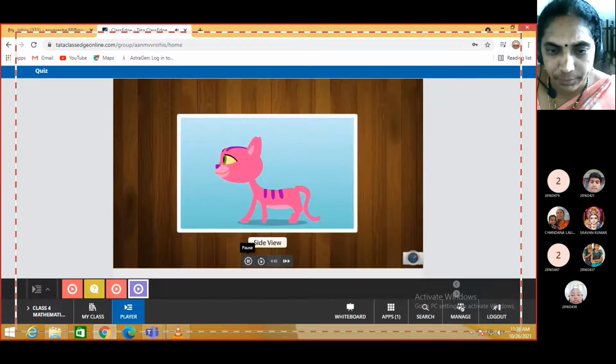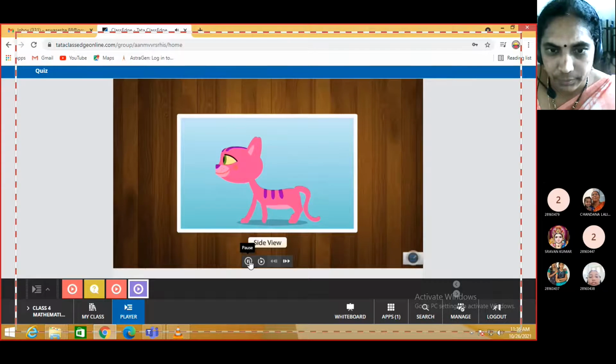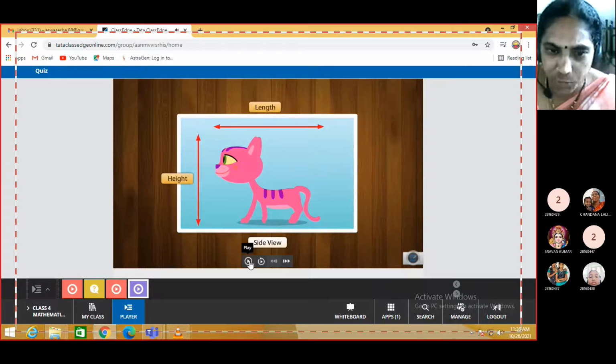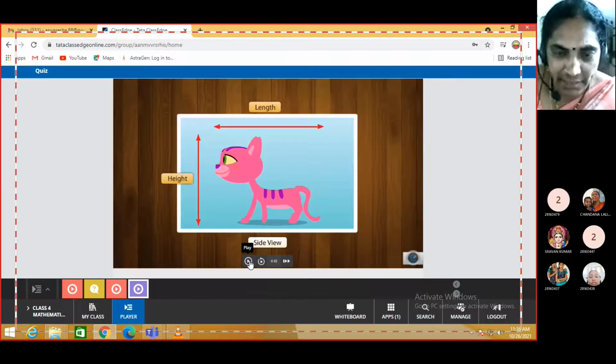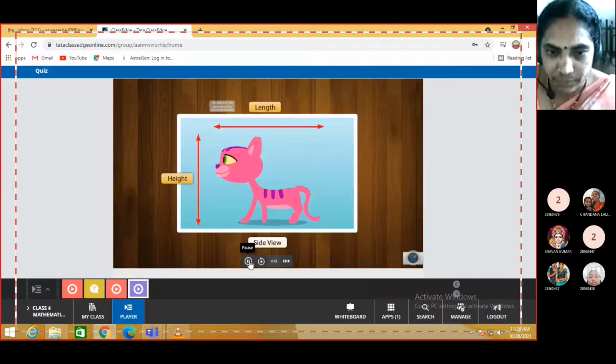Hmm. This is the side view of Catty. It indicates her length and height. Yes, in the side view of any object, we can observe the height and the length of the catty or any other object.